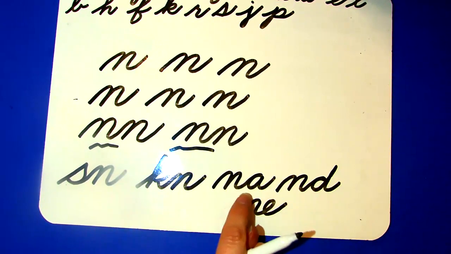If you read NA, ND, and NE, you are right, and you're getting very good at reading cursive.